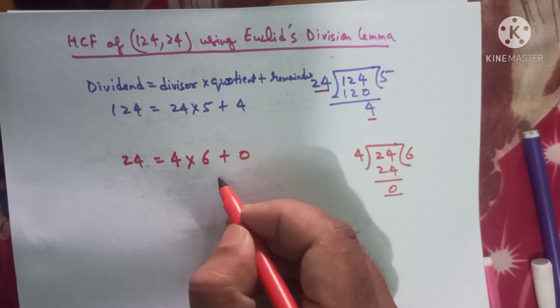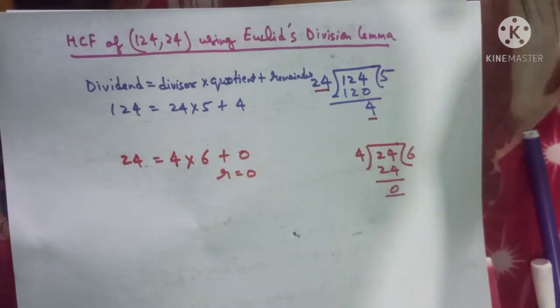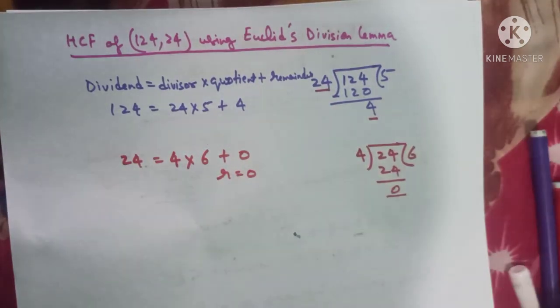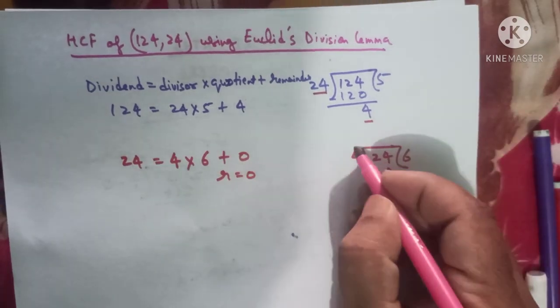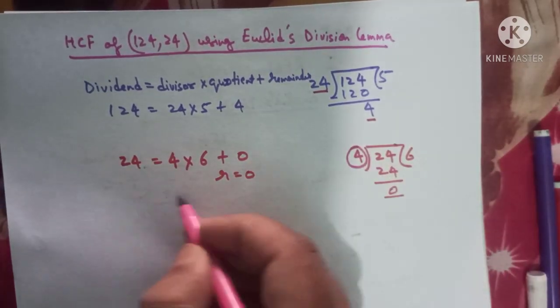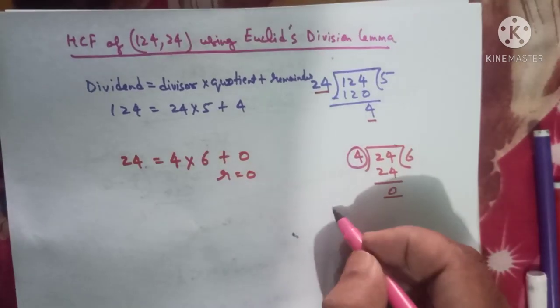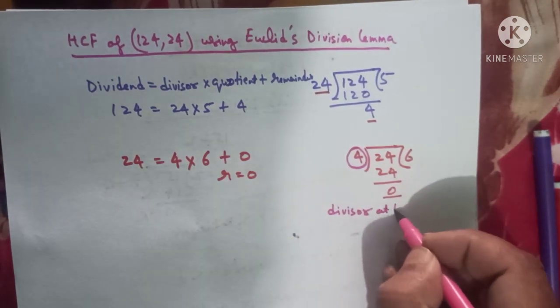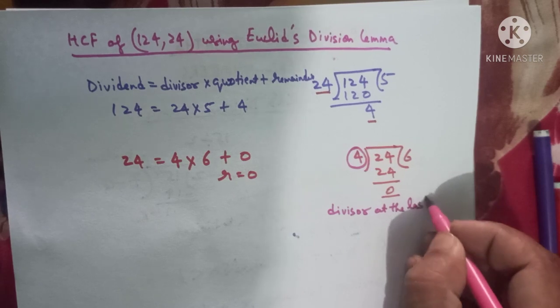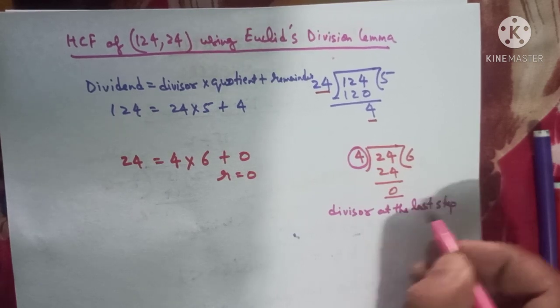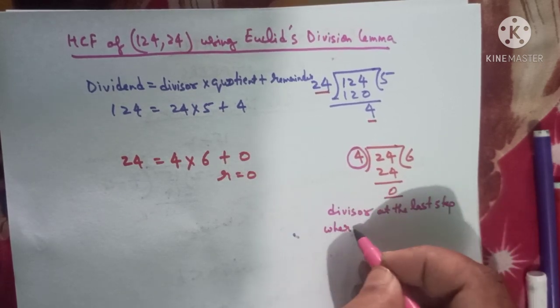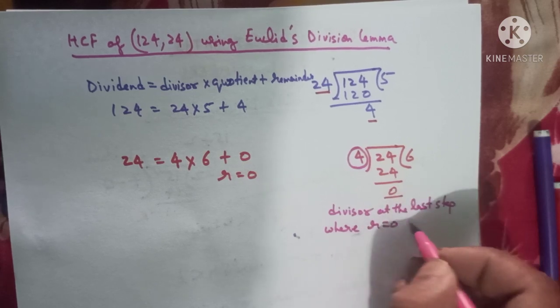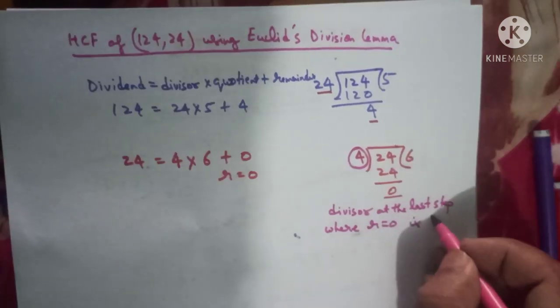Since here the remainder is 0, the divisor at the last step where remainder is equal to 0 is 4.